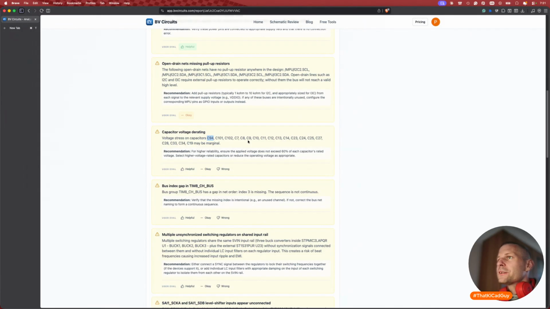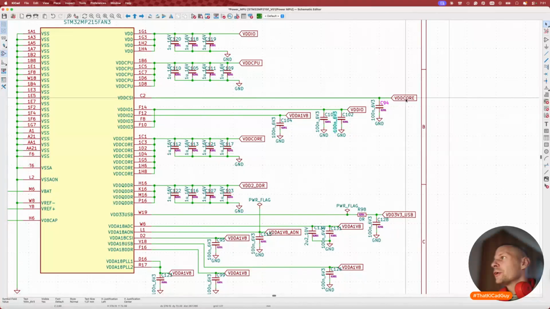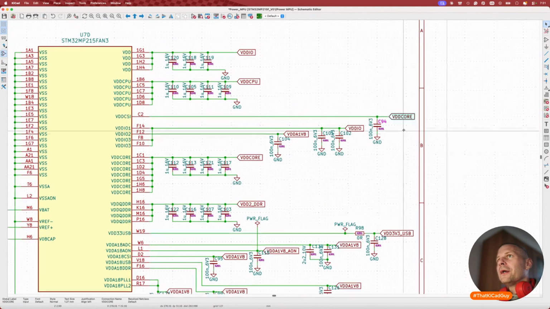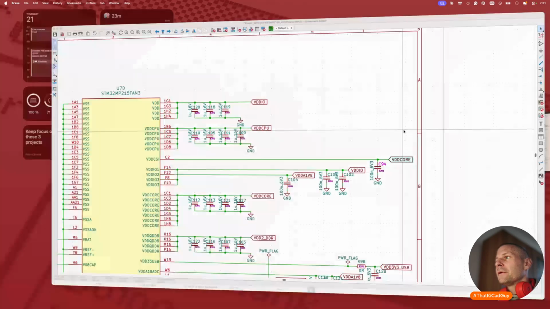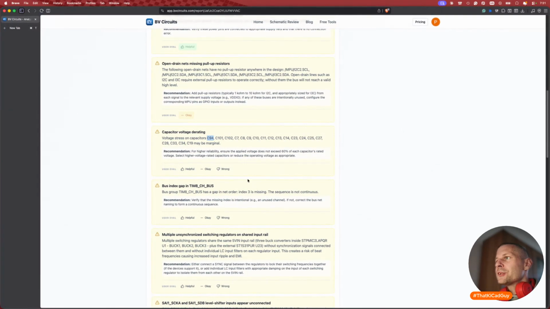Yeah, that's because the schematic checker doesn't know the voltage level of the VDD core, so probably it supposes that 3.3 is the voltage and 6.3 is not in the range of acceptance.